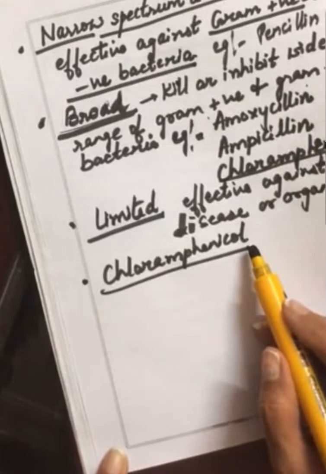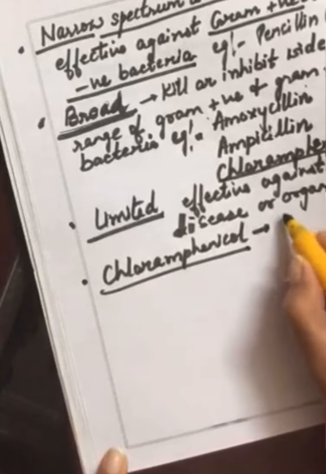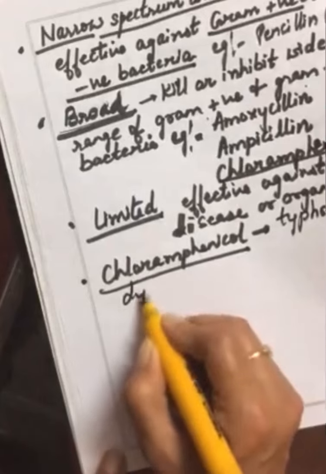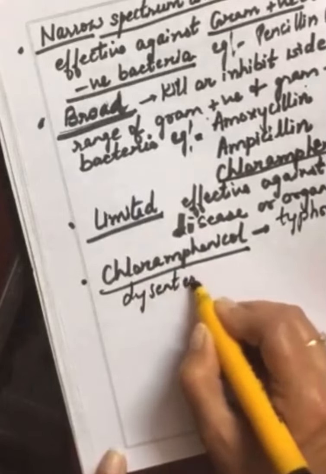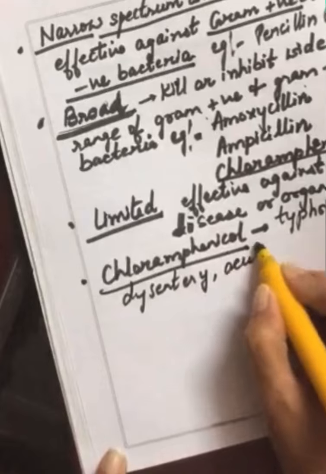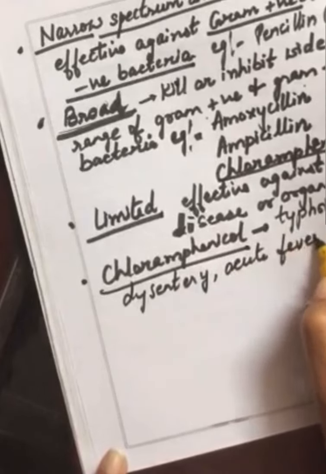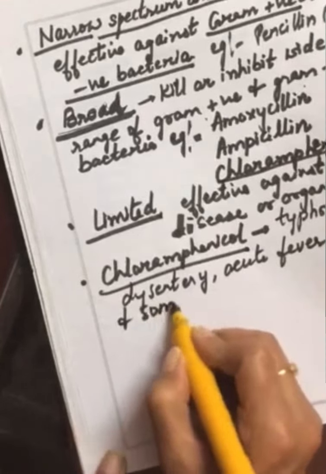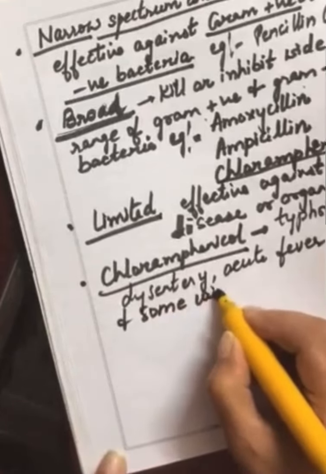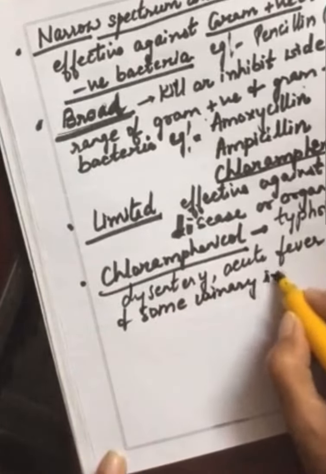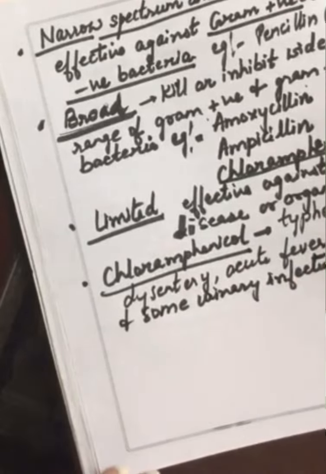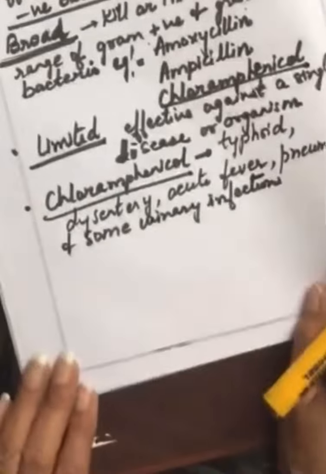So this is given in case of typhoid, dysentery, acute fever, pneumonia, and some urinary infections. So this is about the different types of antibiotics.